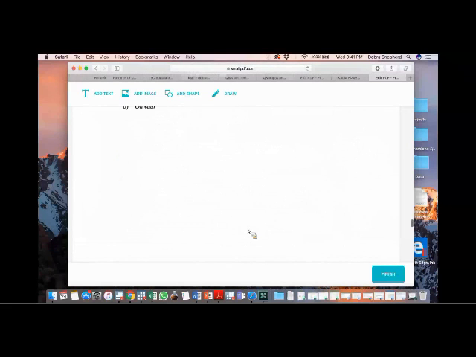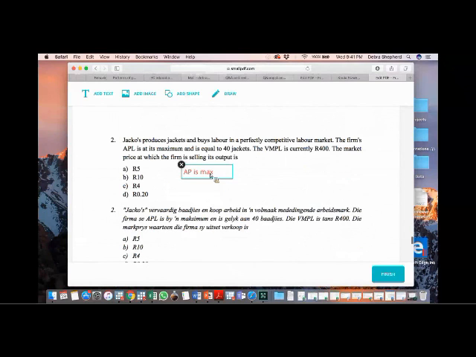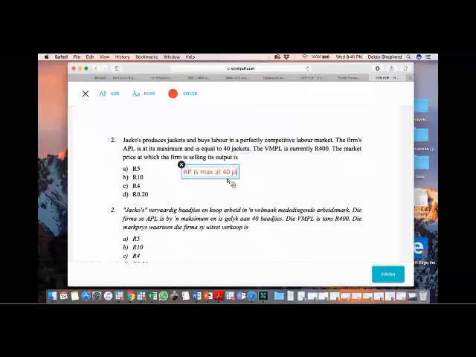So by giving us this information that average product is a max at 40 jackets, that means marginal product is currently 40 jackets. The value of marginal product is currently 400 Rand.